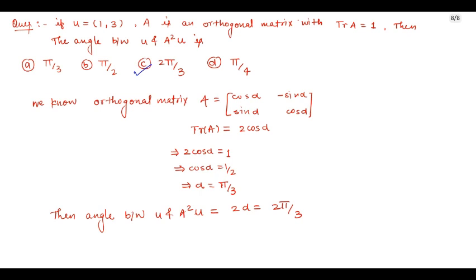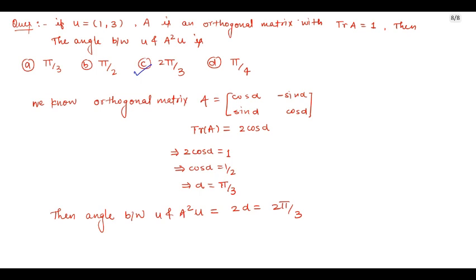So this works for any vector u, not dependent on a particular u. Even if you are not given the vector u, you can still get the answer. But there is one condition: u must be non-zero.